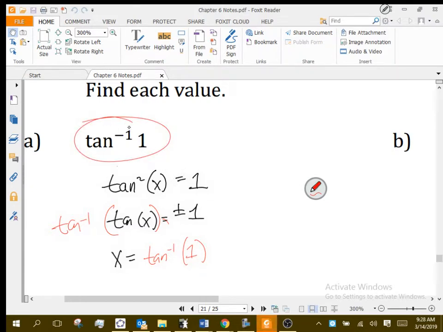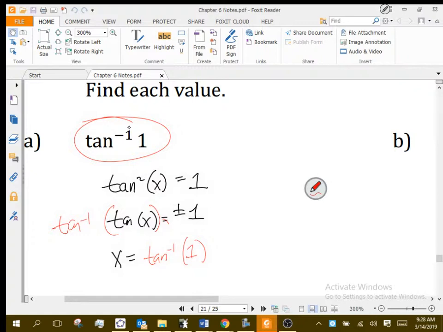So this question is getting at the last step that we're always going to conduct on a trigonometric equation. I want to ask myself, okay, well, what is tangent inverse of 1? What is the angle that I get when I type in tangent inverse of 1 on my calculator? Or what is the angle that is associated with the tangent value of 1 on the unit circle?